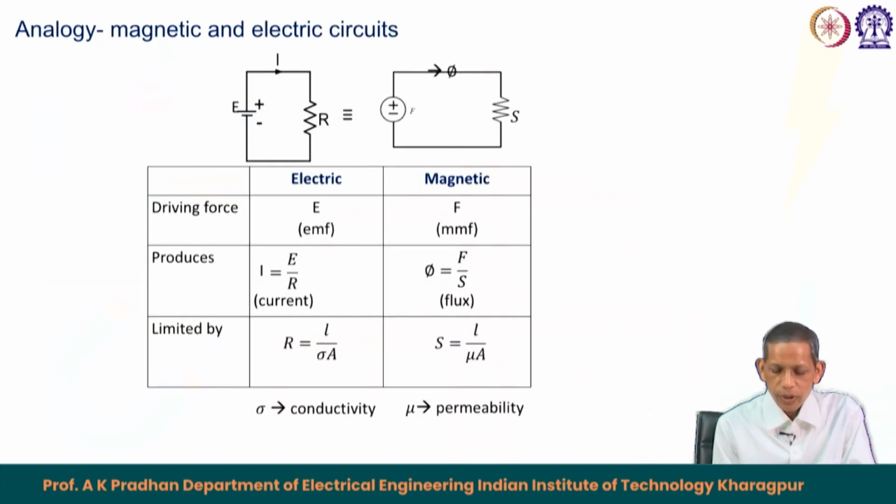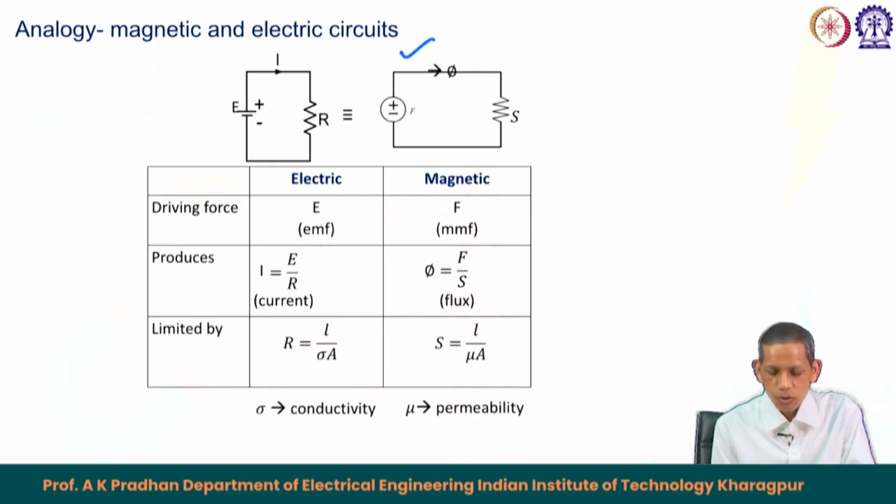Now, we can find an analogy between this magnetic circuit equivalent and the electric circuit. This is our magnetic circuit equivalent: MMF, reluctance, flux, similar to the battery source with EMF E, resistance R of the load, and the corresponding current flow E upon R by Ohm's law, which is governed by MMF upon S equals phi, Hopkinson's law.